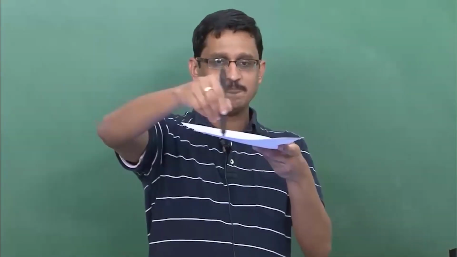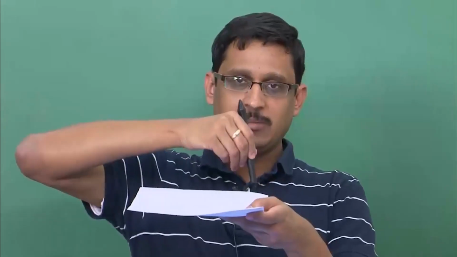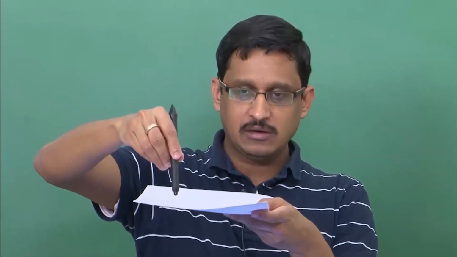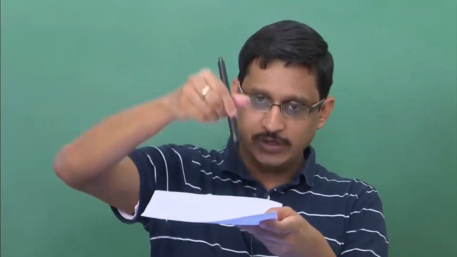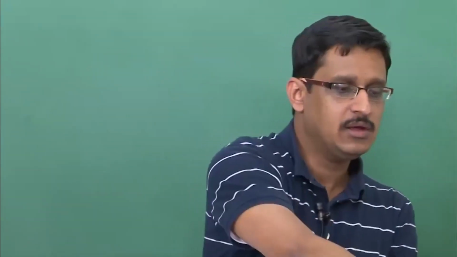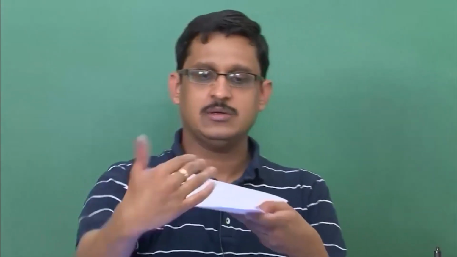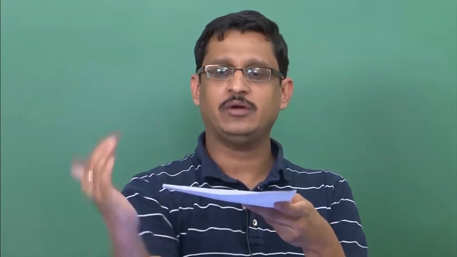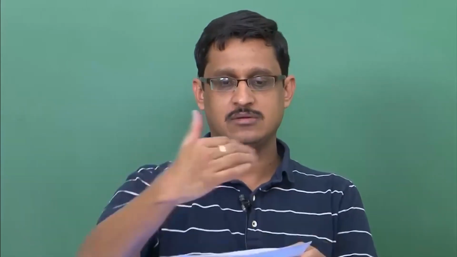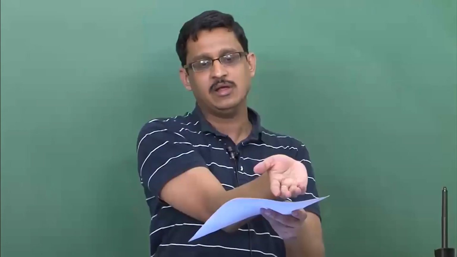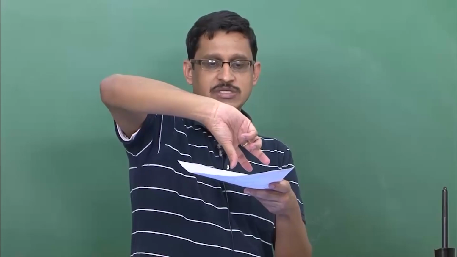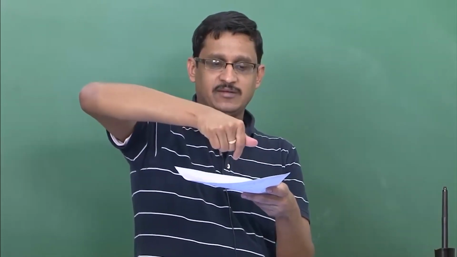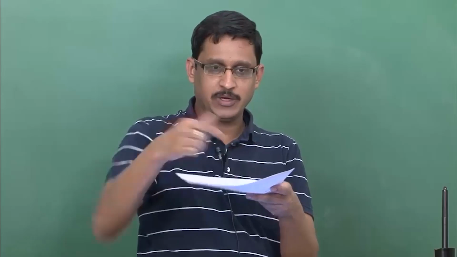So, in this particular case you have a vector A horizontally, vector B coming towards me, and therefore you need to curl from A to B, and you will see that the resultant vector would actually be going into the plane. It is slightly difficult for me to show it over here, but you need to curl your fingers from the direction of A to B. You can think of a screw being rotated from A to B, and the screw would advance in the direction perpendicular to this plane.